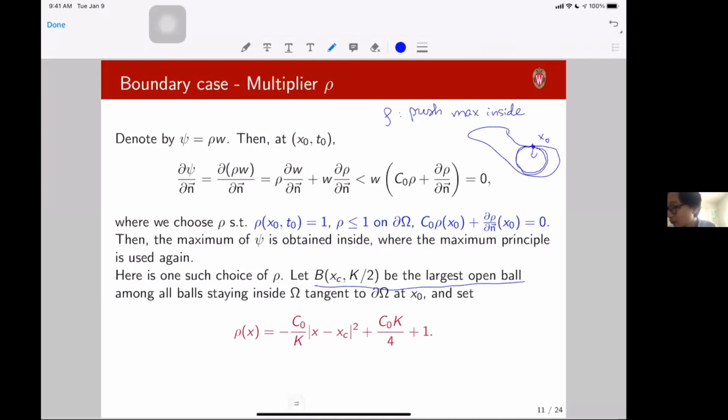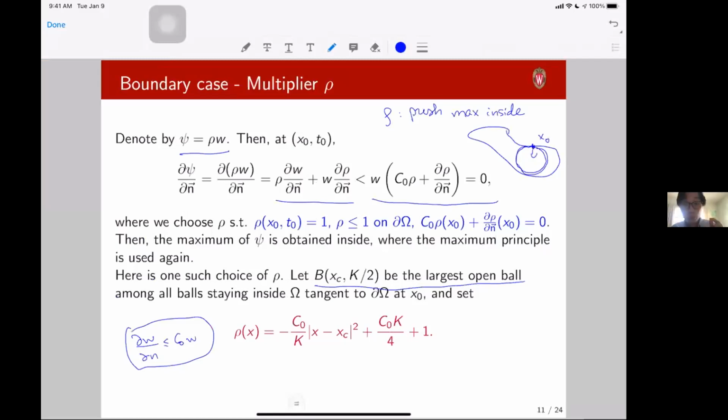We have to try to push the maximizer inside, and recall that we have del w over del n is less than or equal to c naught times w. This is by using normal ODE type techniques, right? So we let C equal rho times w, and rho is something we can design so that we push the maximum inside. By elementary calculation, we have this: del C over del n is equal to this, and then this is less than or equal to this.